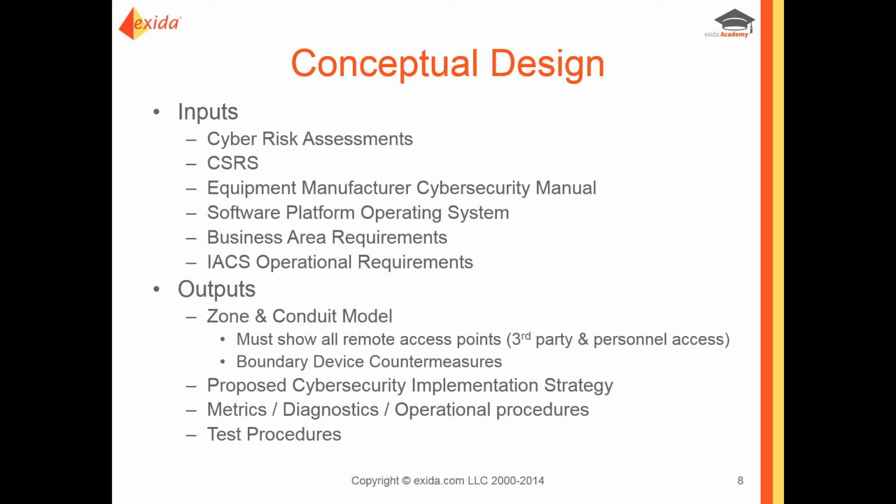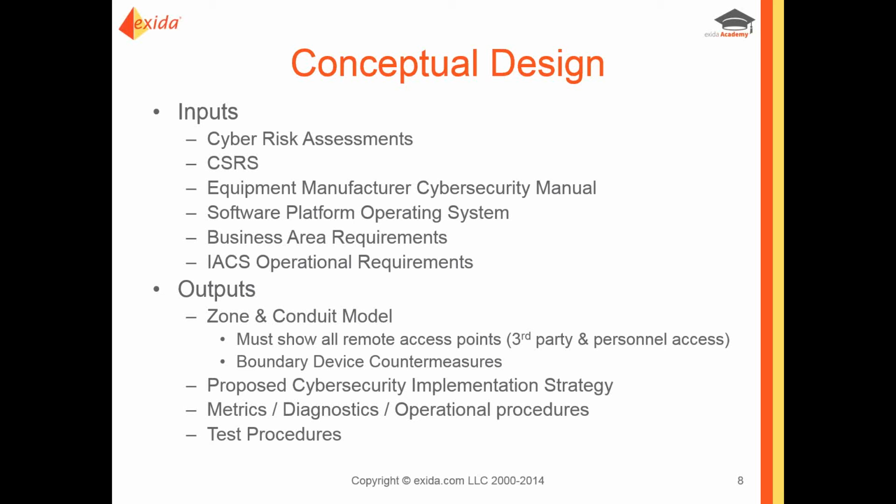And with regard to the conceptual design, the inputs are basically coming out of the analysis phase. So now you've completed your cyber risk assessments. That phase culminated with the cybersecurity requirement specification. At this point, you should know generally what equipment you're looking at and obtain their cybersecurity manuals.